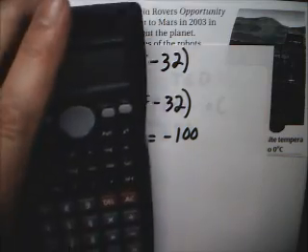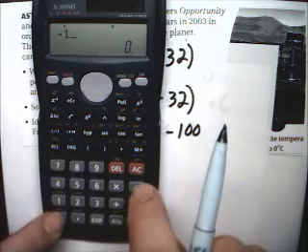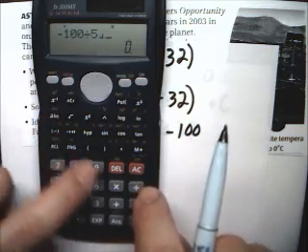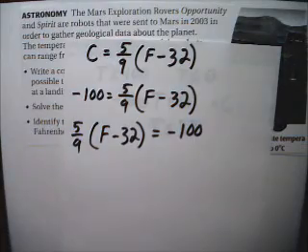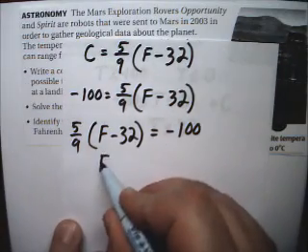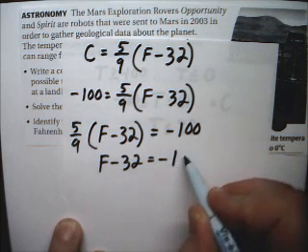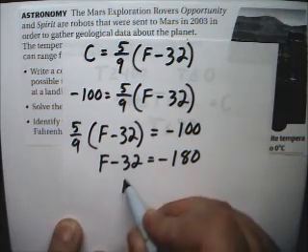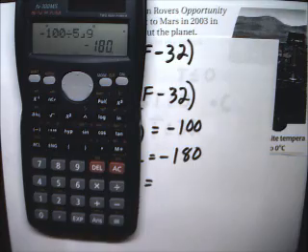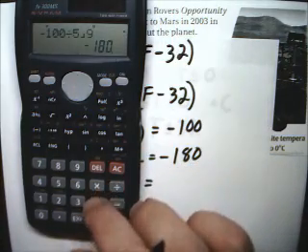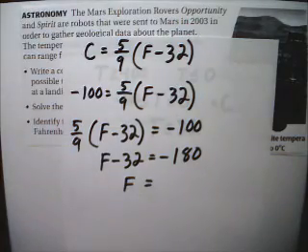So I have to do negative 100 divided by 5/9, and that's negative 180. So F minus 32 equals negative 180. So now F equals, I'll just add 32, so I'm going to do plus 32, and that's negative 148.